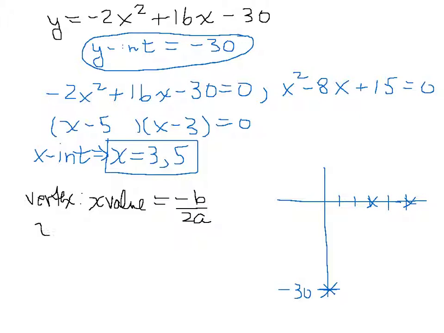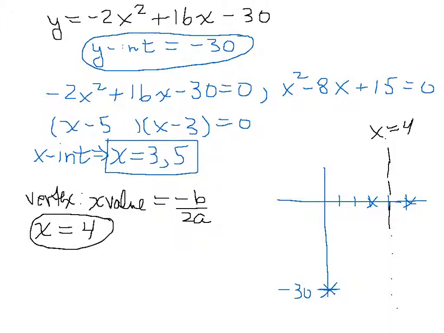So in this case, the x value is going to be minus b, which is minus 16, over 2 times minus 2, minus 16 over minus 4, or 4. Now that should make sense, because if we look here, here is my axis of symmetry, and that line is x equals 4.